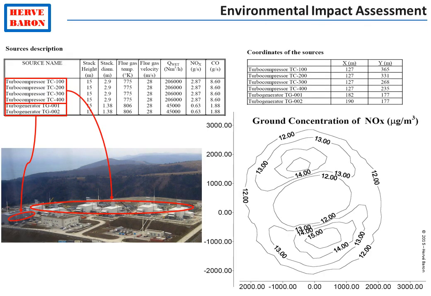The Environmental Impact Assessment Study precisely quantifies the impact of the plant on the environment by presenting the results of dispersion studies of the various contaminants emitted by the plant on the environment.